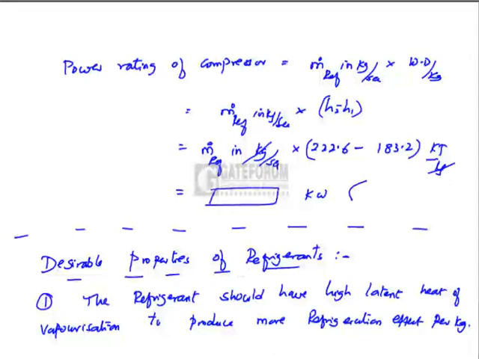If a refrigerant has more latent heat, or more hfg at a given evaporator pressure, it can give us more RE. For example, ammonia is one of the refrigerants which has the highest latent heat of vaporization, or hfg, at a given evaporator pressure. Hence, it is preferred for large tonnage units. NH3 is the inorganic refrigerant which has the highest latent heat of vaporization.